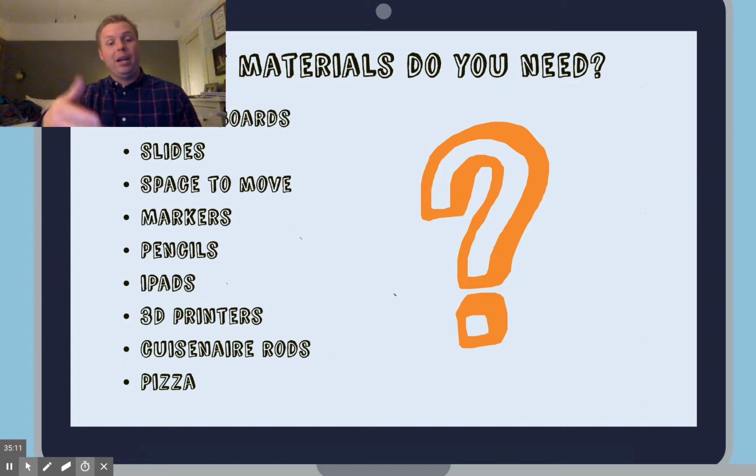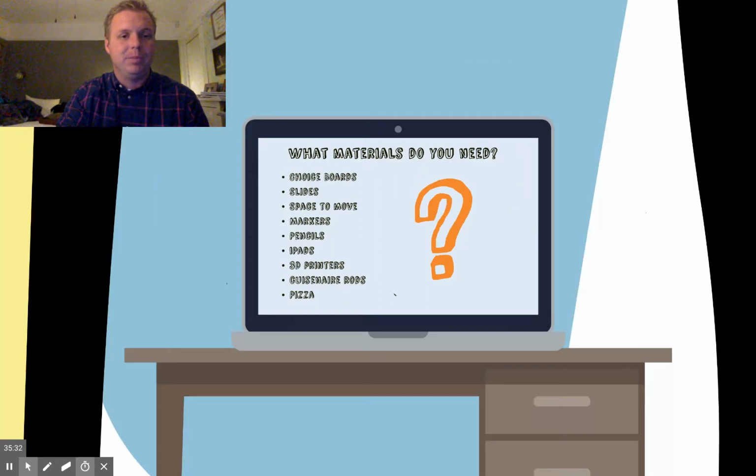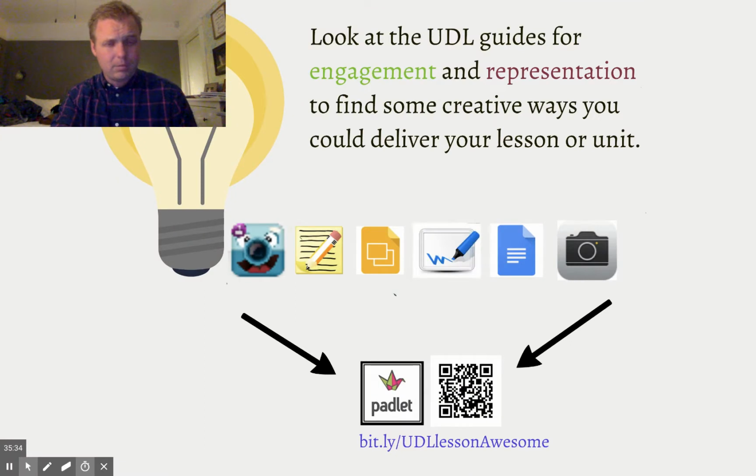I also need to have my Cuisenaire rods. If I had a 3D printer in my classroom, I might be 3D printing examples in realia for that. I'm going to need my iPads, my pencils. I'm going to need a pizza. I'm going to need all these different things. So from here, we have a good idea, and we can divide and conquer and go out and gather what we need in order to make this lesson happen or this unit happen.